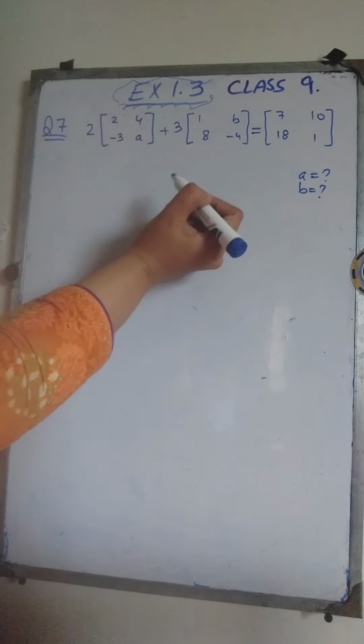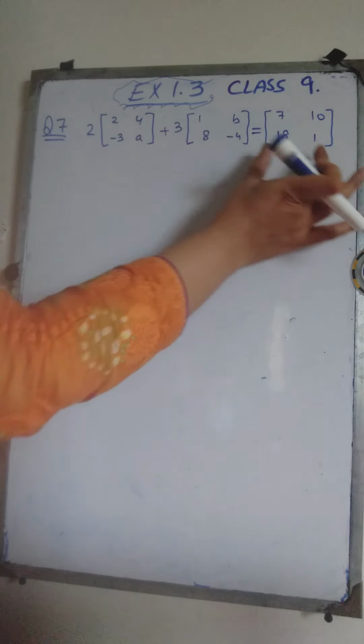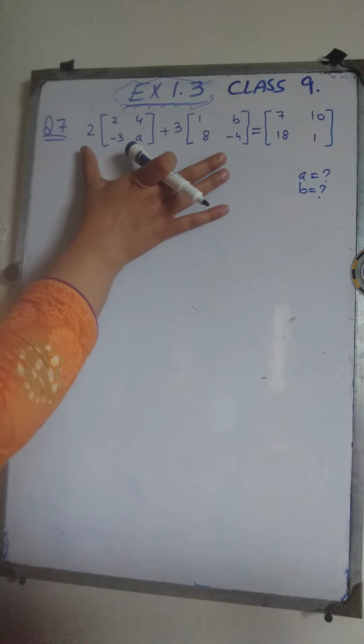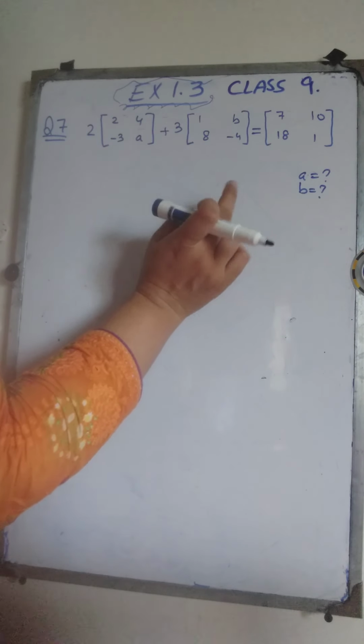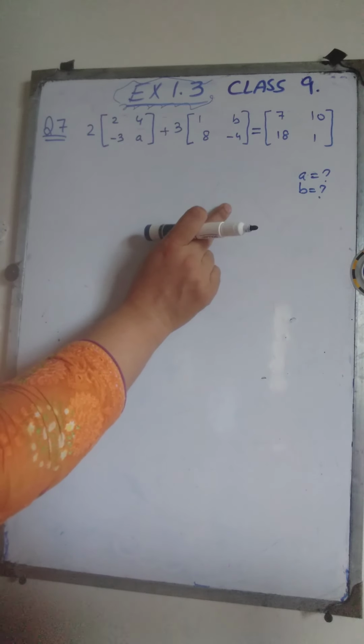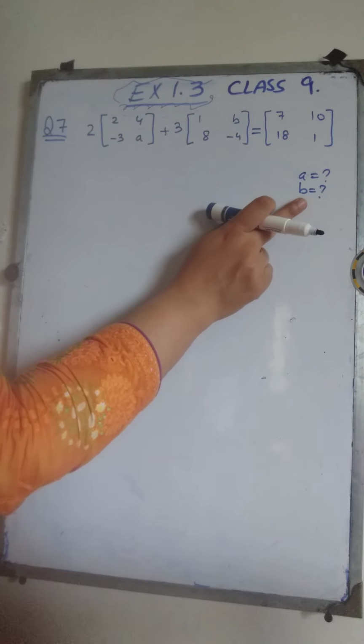Okay, in order to get the equations, we are going to make use of this equality. We know that this whole expression is equal to this, so we are going to calculate this expression. We get a single matrix that will be equal to this, and then using the equality of matrices, we are going to find the values of A and B. So let's start.